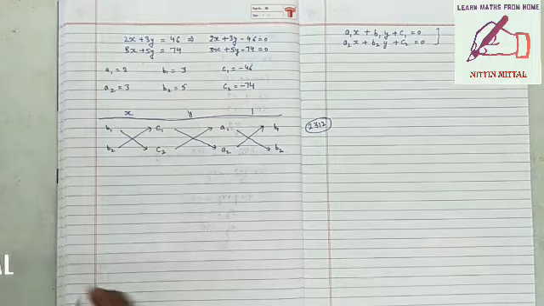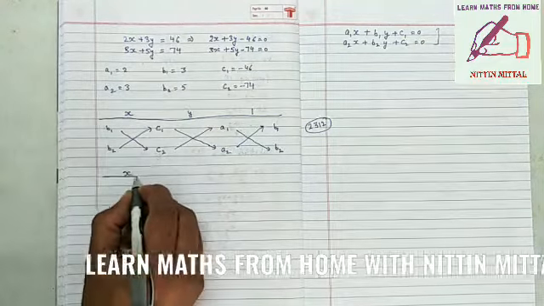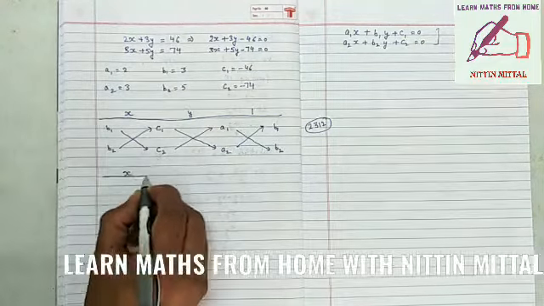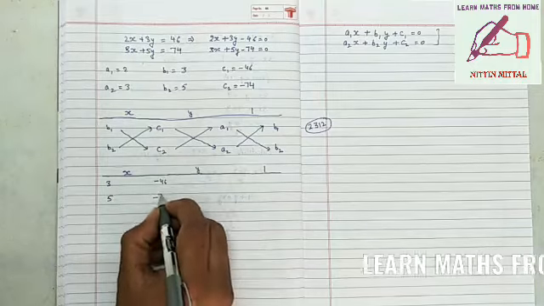Now after the second step, the third step is we will write the things like this: x over. Now here you are supposed to fill in the values according to the given question. In the given question, b1 b2 are 3 5, and c1 c2 are minus 46 minus 74.